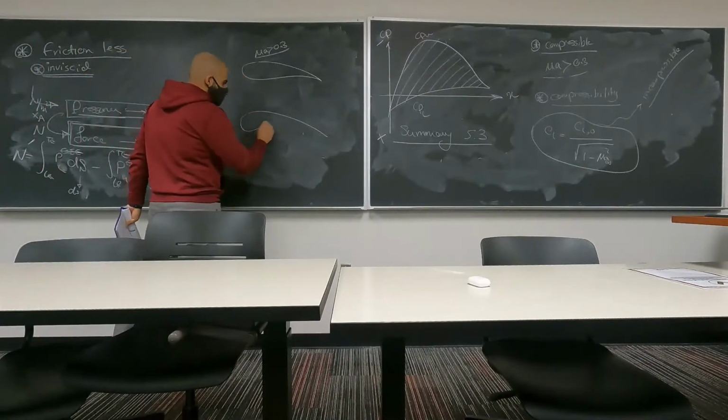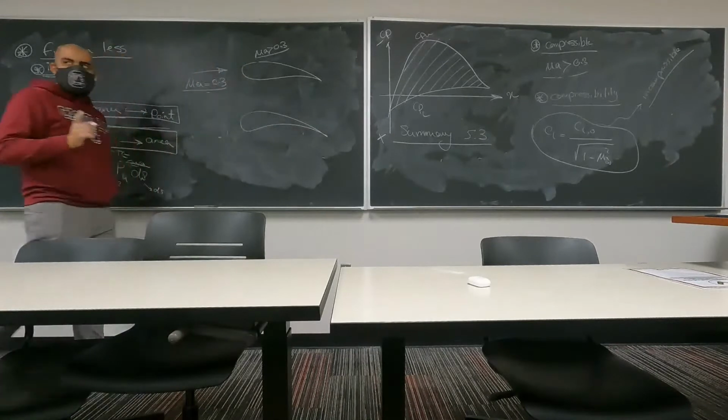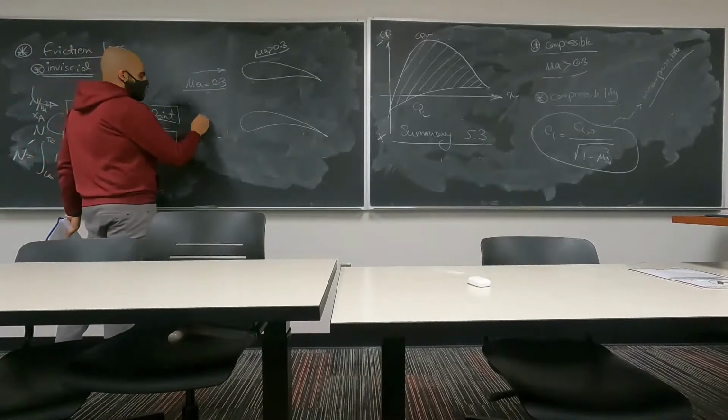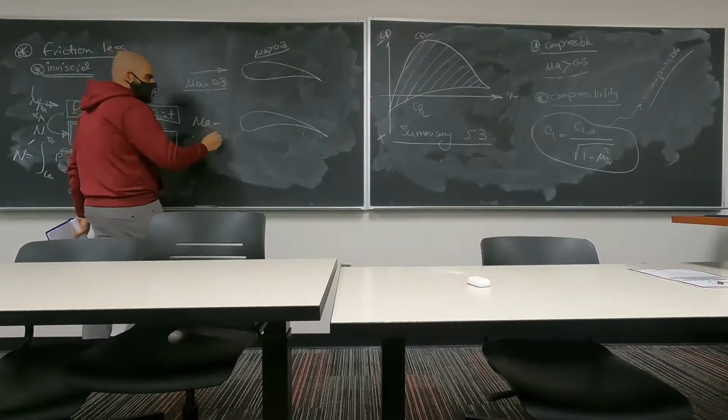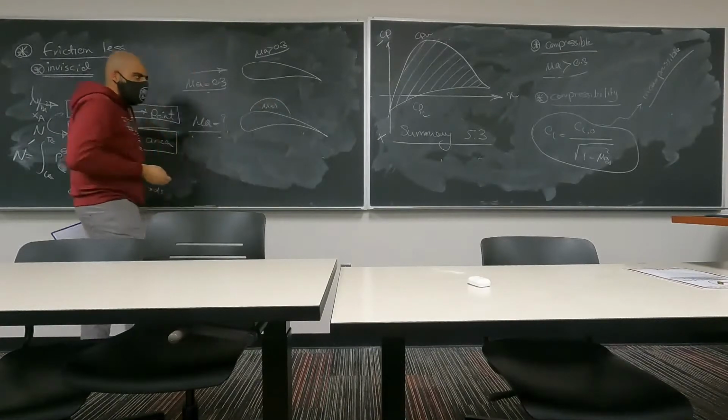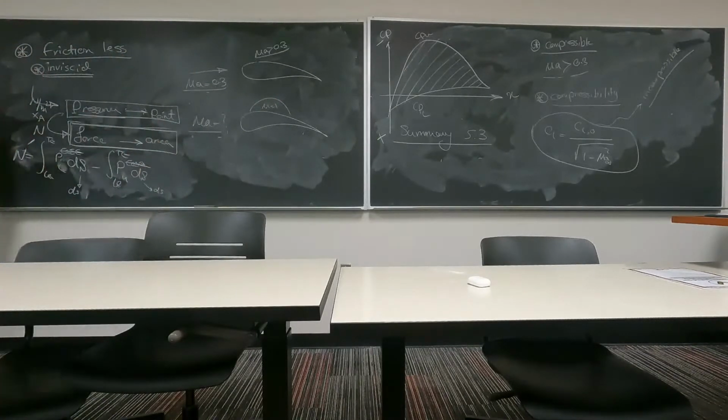So we can actually find a Mach number at which you will get a sonic speed on your airfoil, a sonic region, inside which you're going to get M equals 1. And that Mach number is called the critical Mach number.